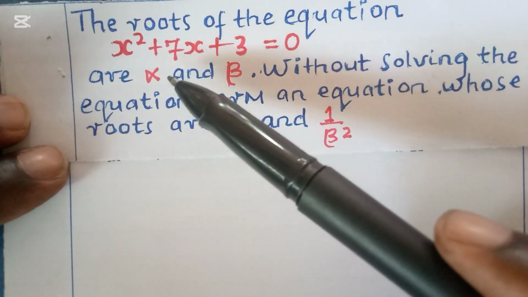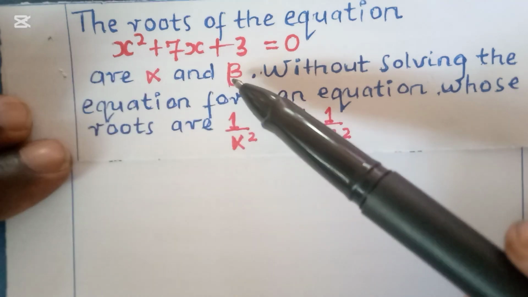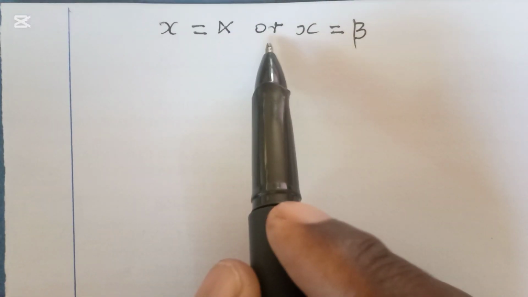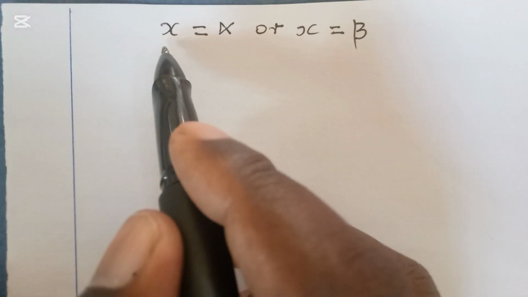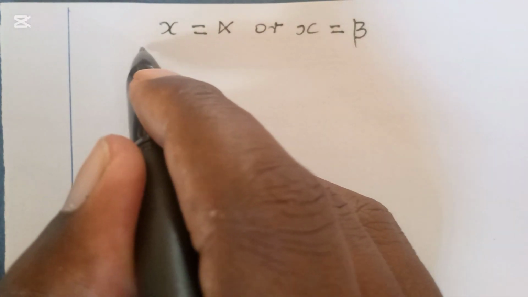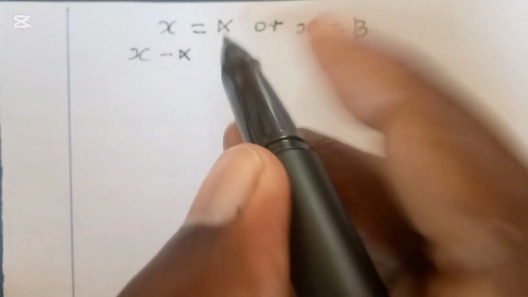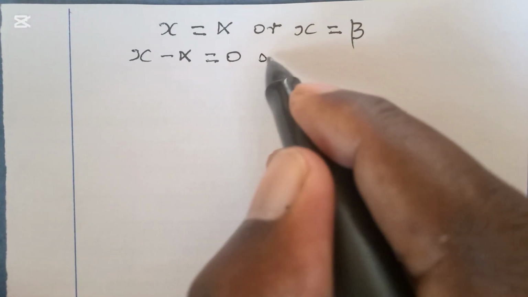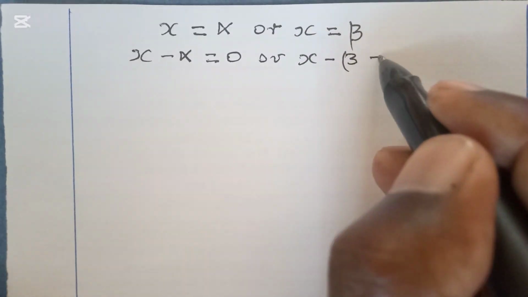And so guys, let me form an equation from alpha and beta. This is how we do it. We say x is equal to alpha, or x is equal to beta. Therefore we can move this to the other side so that we have x minus alpha equals 0, or x minus beta equals 0.